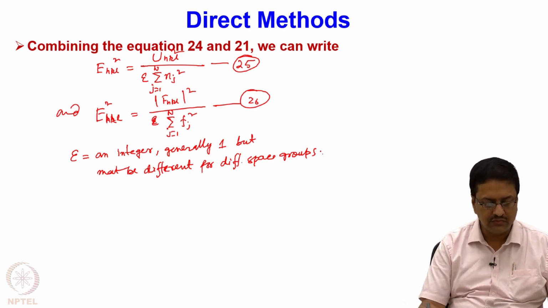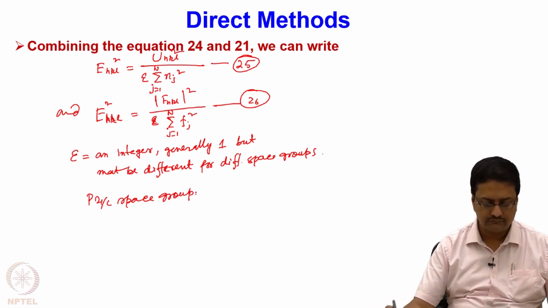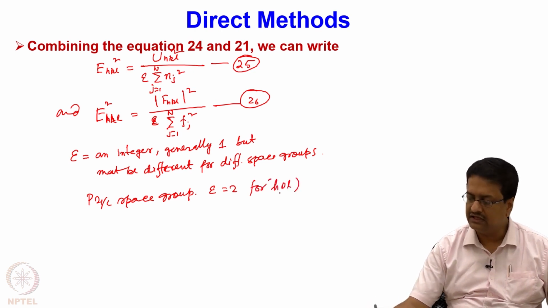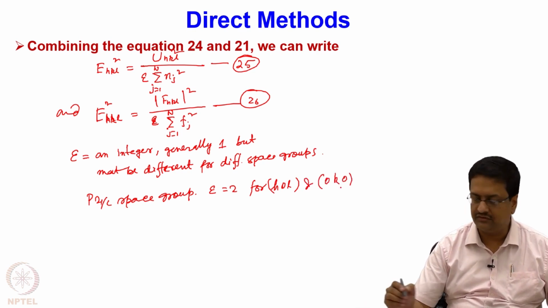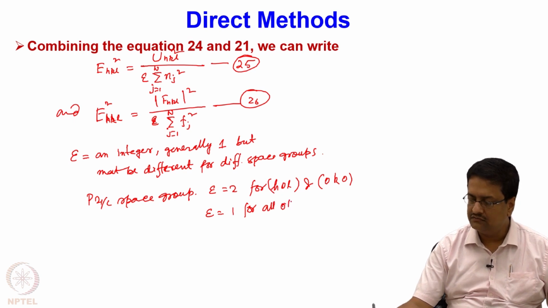So for example, in case of P21 by C space group, epsilon is equal to 2 for the H0L set of reflections and 0K0 set of reflections, and epsilon is equal to 1 for all other HKL.